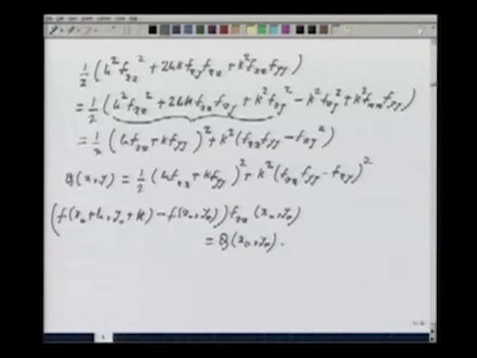Now q being a continuous function, if it is bigger than 0 at some point x naught y naught, or it is less than 0 at some point, that means in a disk around that point the function is bigger than 0 or less than 0, just like one variable continuous functions. In one variable, if I have a continuous function f which is bigger than 0 at a point, then there exists an interval around that point where the function is positive.